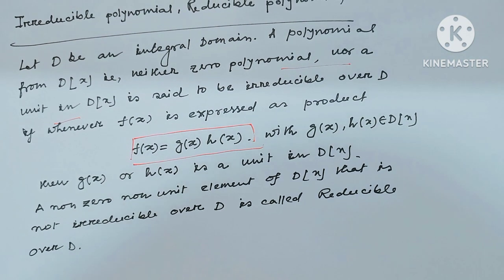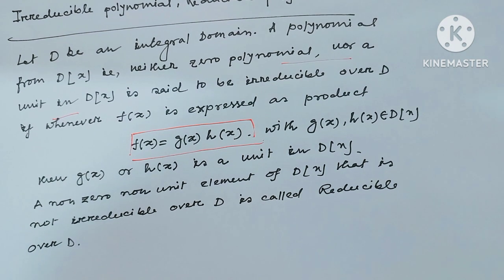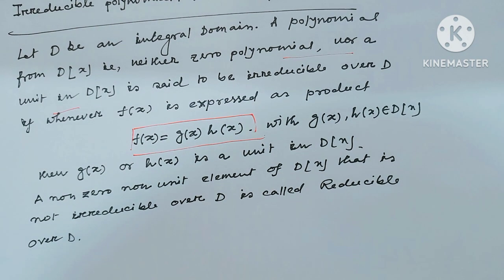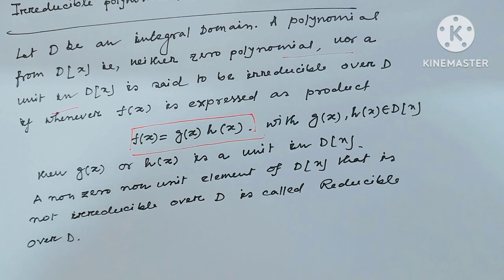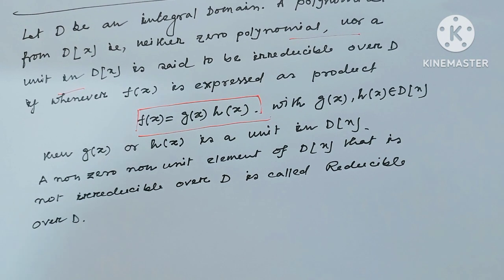This is the idea of irreducible polynomial, and when a non-zero non-unit element of D[x] is not irreducible over D, then this is called reducible over D.